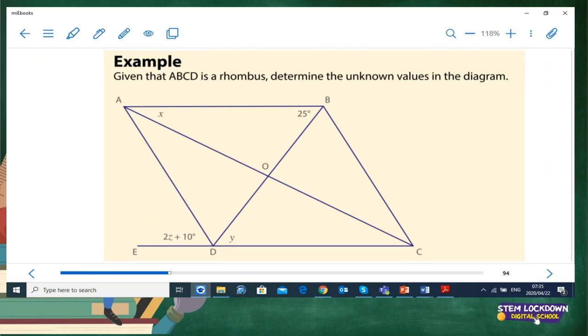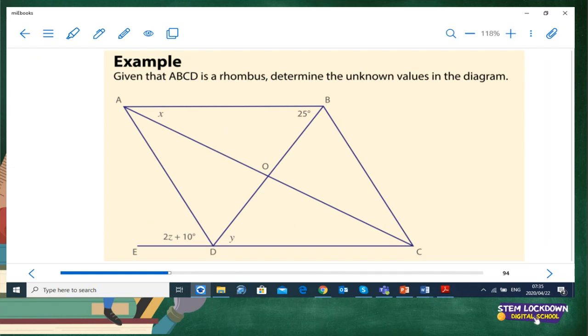Now, we have got one last example here. Given that ABCD is a rhombus, determine the unknown values in the diagram. Now we are given this value there. We are told that ABCD is a rhombus.